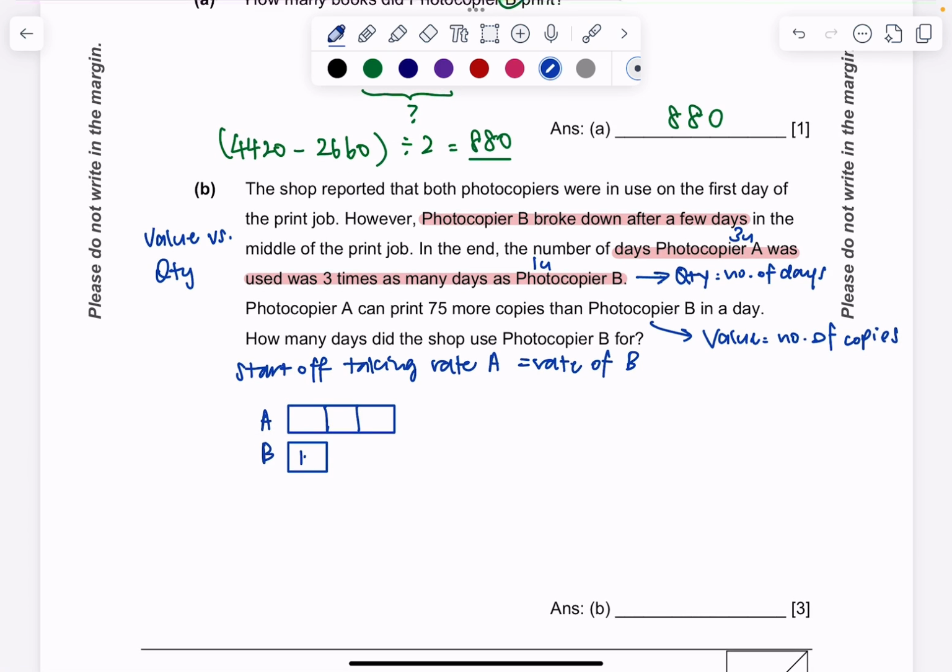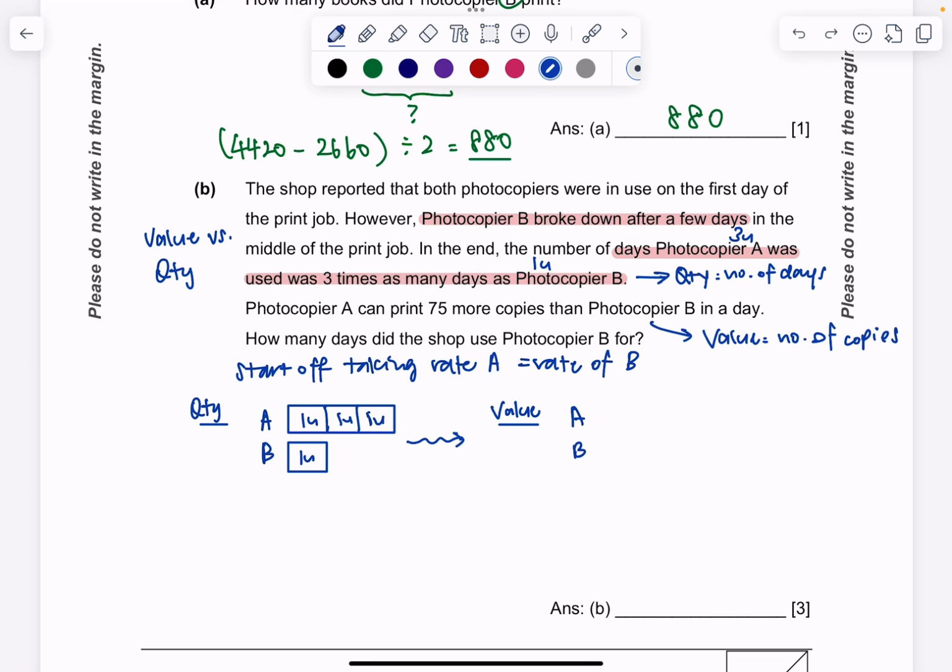This is in terms of quantity. Since A is 3 units, B is 1 unit, it would mean that for value, in terms of the number of copies, A should also be 3 units.